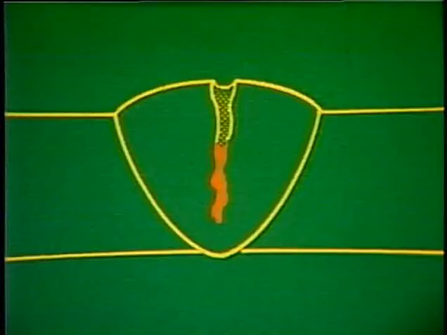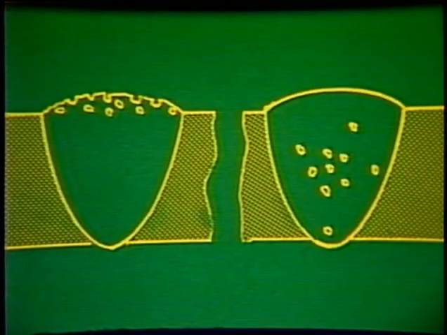Linear porosity generally follows a line parallel to the axis of the weld. Piping porosity, also called wormholes or blowholes, appear as a cylindrical cavity, often with some slag entrapment. Porosity can appear at the surface of a weld, or it can be located internally.